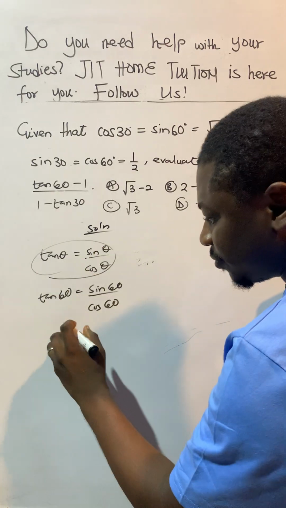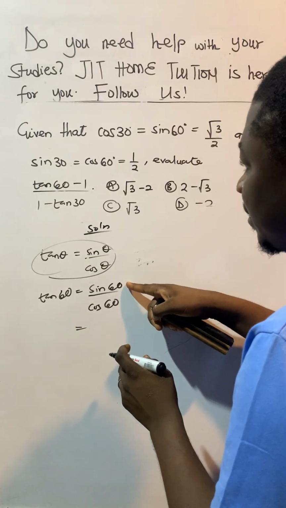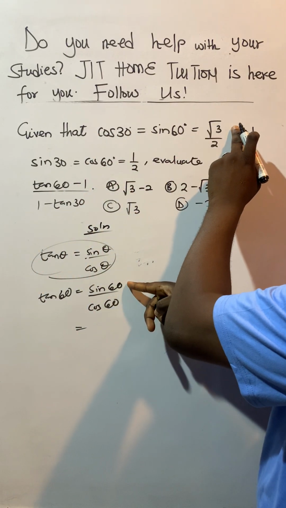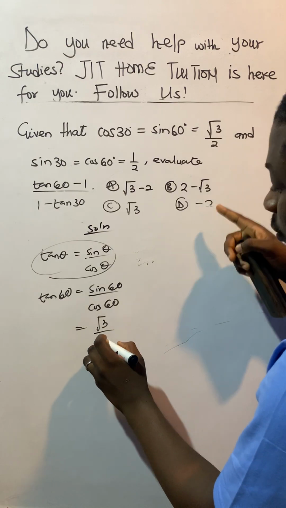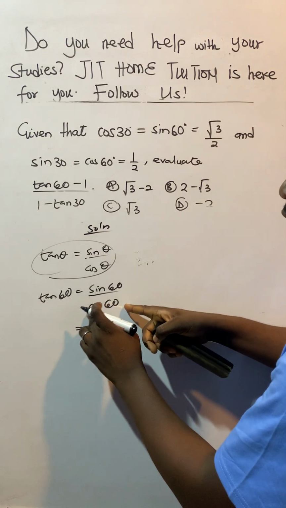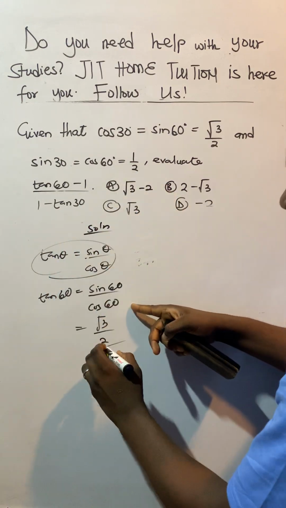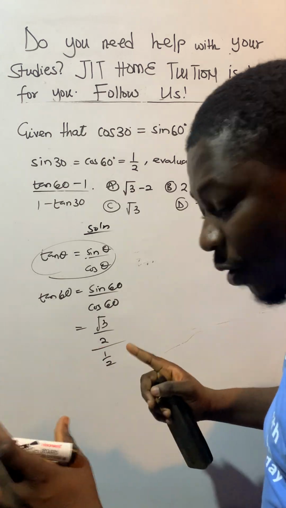What is sine 60? Sine 60 is root 3 over 2. What is cos 60? It is 1 over 2. I hope you are following.